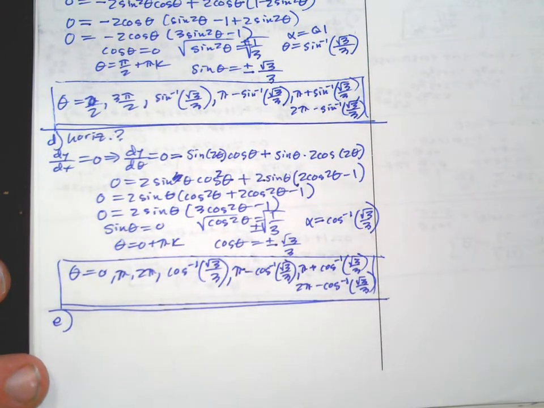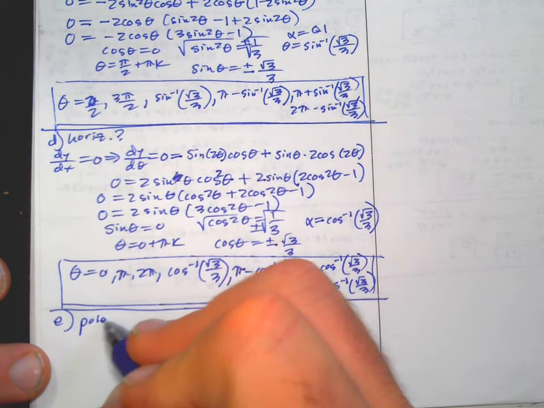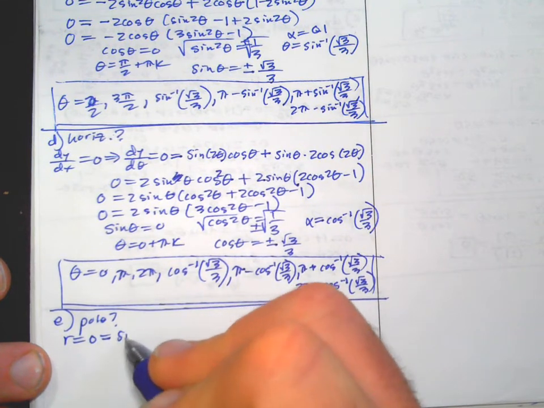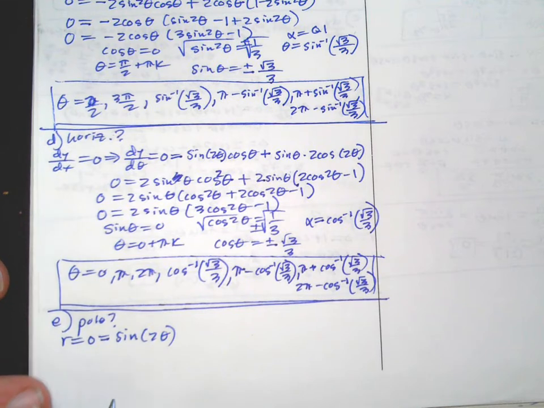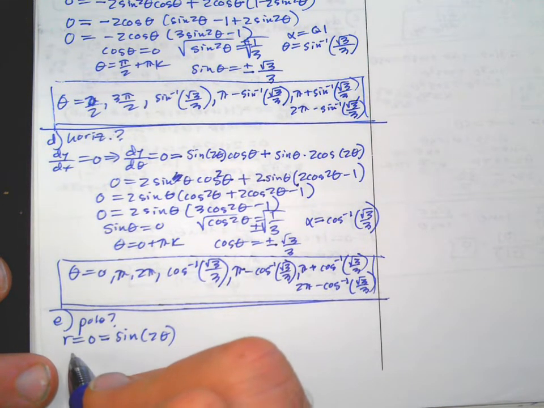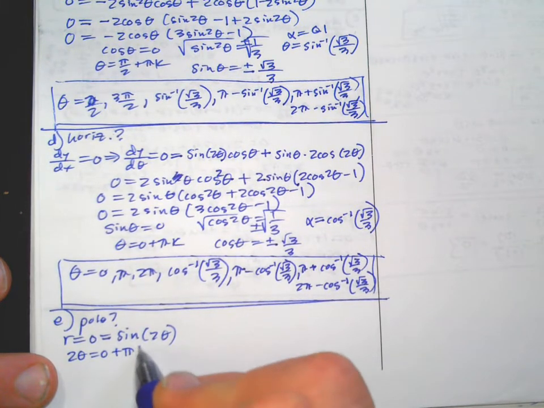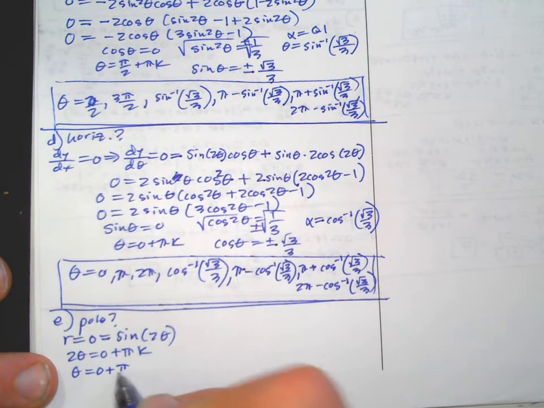And then for part E, we're trying to find the slope at the pole. So we've got to figure out when it is at the pole, so the radius equals 0. And this one will be nicely simple after those last crazy ones. So 2 theta equals 0 plus pi k, so theta equals 0 plus pi over 2 k.